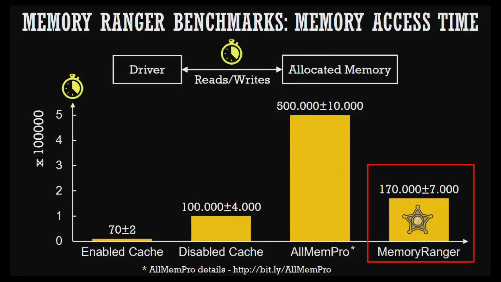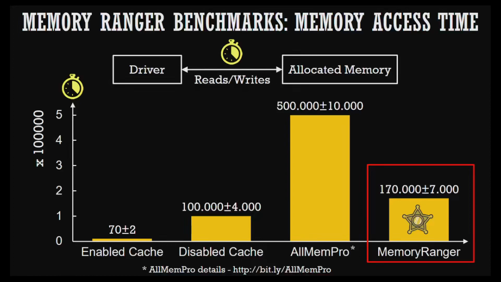Now, let's move on to the final step, which is the benchmark assessment. I measure the time of legal access from driver to the allocated data in 4 situations: without memory protection, with enabled cache, with disabled cache, and with 2 memory protectors, AllMemPro and MemoryRanger.